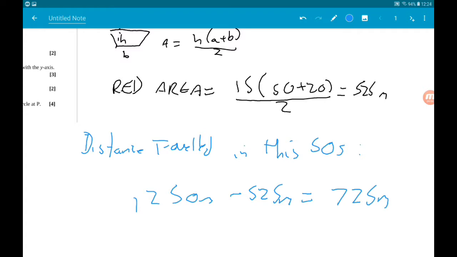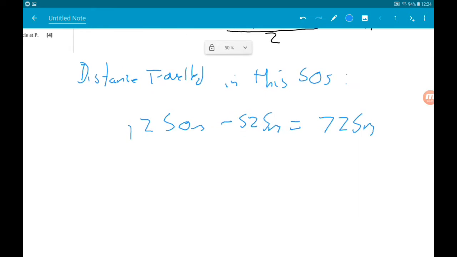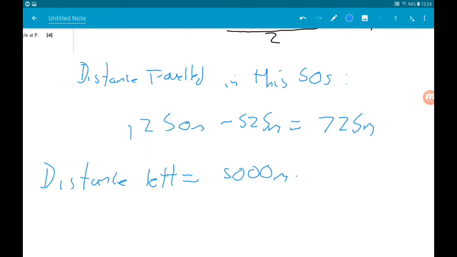To finish this off, we now need to work out how much further there is to travel. So that's the whole 5,000 minus 725, which is 4,275.